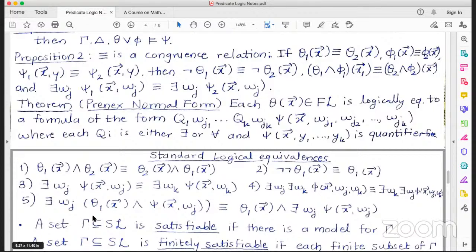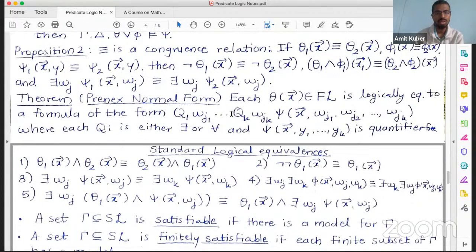Sir, let's say we have some relation between wj1 and wj2. What is the meaning of relation between wj? Let's say plus or dot. wj1 as in the bound variable, inside psi x bar, wj1, in the prenex normal form. So how to relate wj1 with wj2?